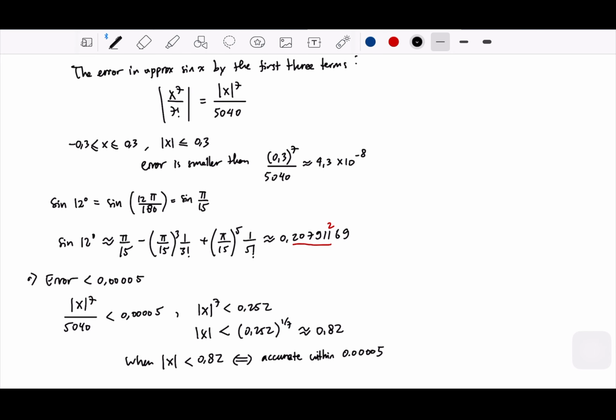But actually we can also try to use Taylor's inequality, because I think it's also more general.